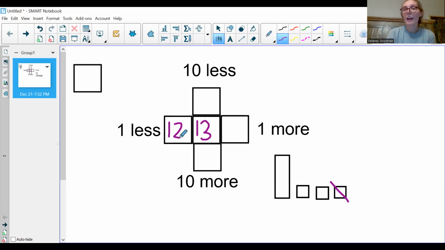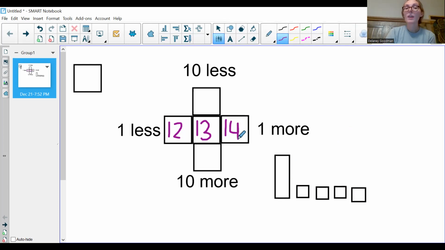Then I need to find 1 more, okay? So if I need to find 1 more, then I know I need to add 1. So that's what I'm going to do. All right, I'm going to add 1. Let me count. 10, 11, 12, 13, 14. So I'm going to draw 14 right here.